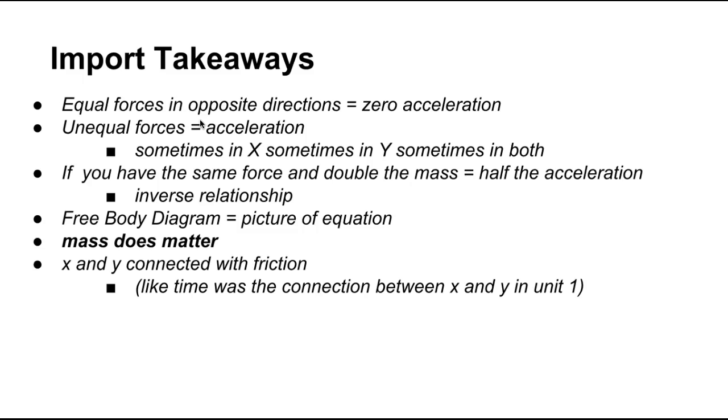The free body diagram is just a picture of the equation. That's all it's really doing. It's helping me picture all the forces, where they're going, in what direction, and ultimately helps me decide what equation to use to find the sum of all the forces. Mass here finally matters.